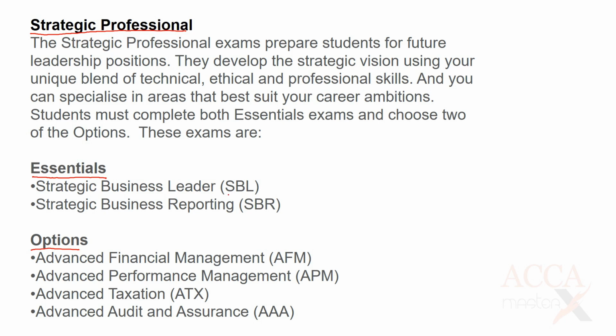In the past these were two separate papers, for example P1 corporate governance plus P3 Business Analysis. But now ACCA has merged both of these papers and it becomes Strategic Business Leadership. So there are no options in these two papers and you have to pass them at any cost.